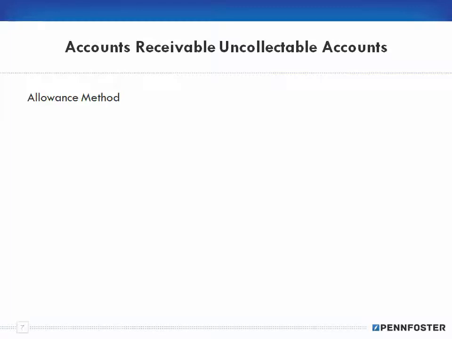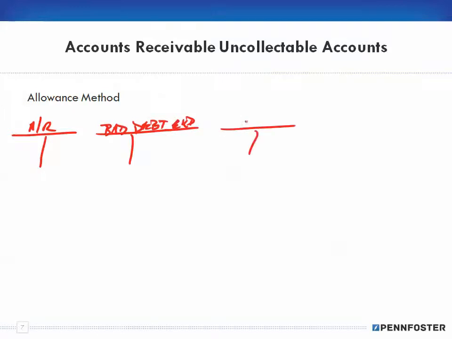In the previous video, we had talked about the direct write-off method for our uncollectible accounts, our bad debt accounts. We had our accounts receivable, our bad debt expense account, and we also had our cash account.